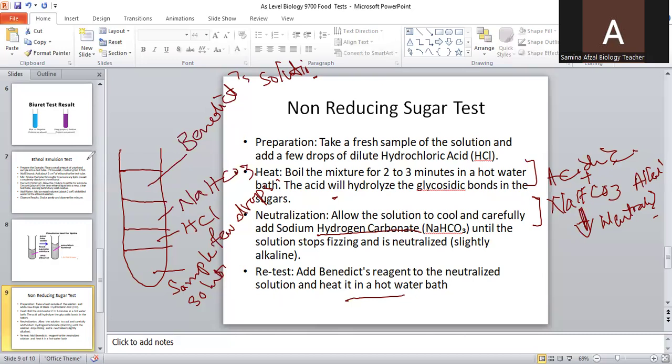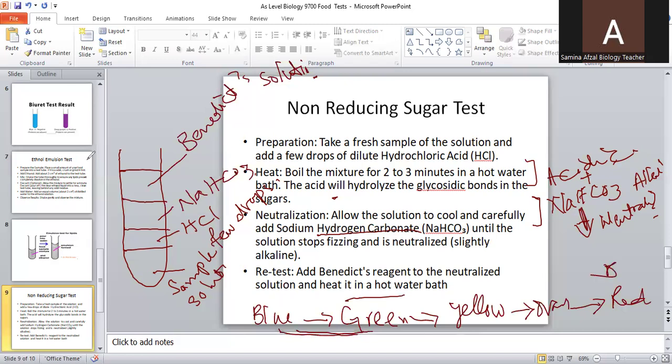As a result, the color changes occur again, from blue to green, green to yellow, yellow to orange, and orange to brick red. So this color pattern will show the presence of reducing sugar in that solution, which was firstly non-reducing sugar.